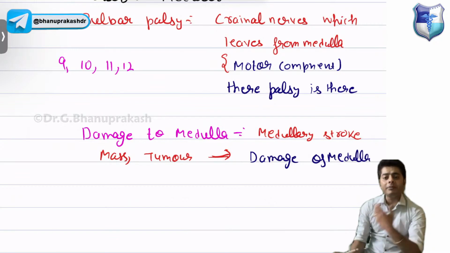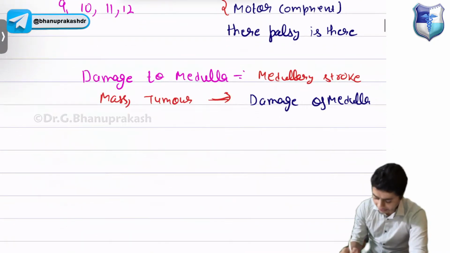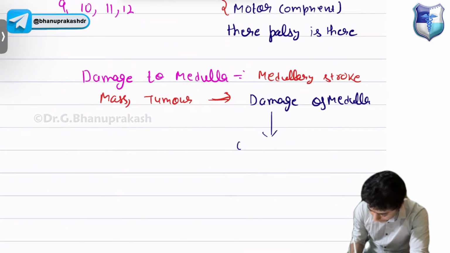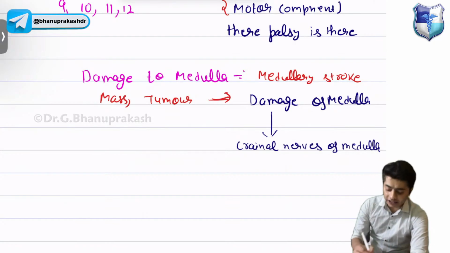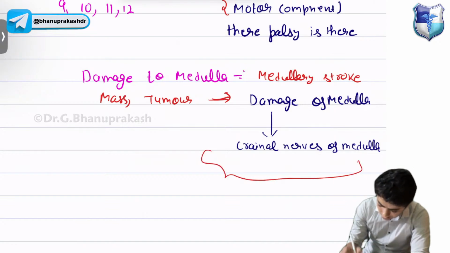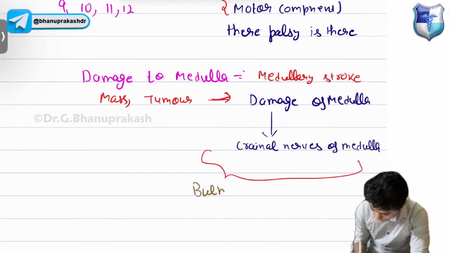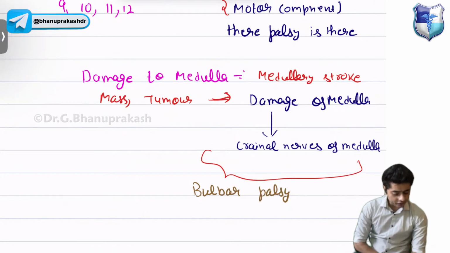And if anything is damaging the medulla, it will also damage the cranial nerves leaving from the medulla. Then we will call this your bulbar palsy.